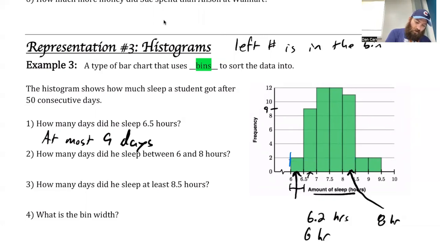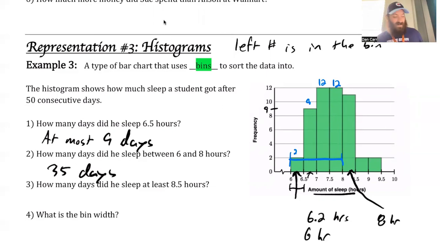I'm just going to go from here to here because it says between 6 and 8. So it's actually going to be anything that's in this range. Okay, so that is going to be, we've got a 2, 9, 12, and 12. So that's going to be 30, 35. Okay, so potentially 35 days you got between 6 and 8 hours of sleep.